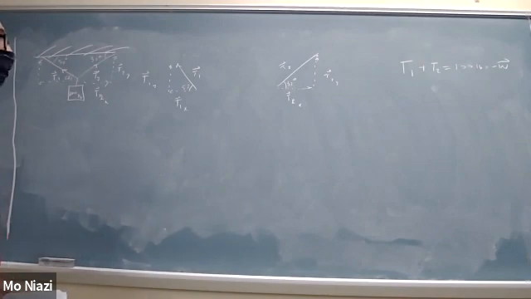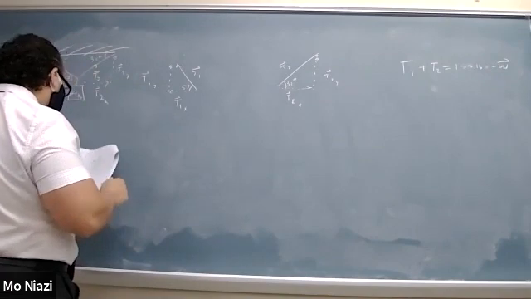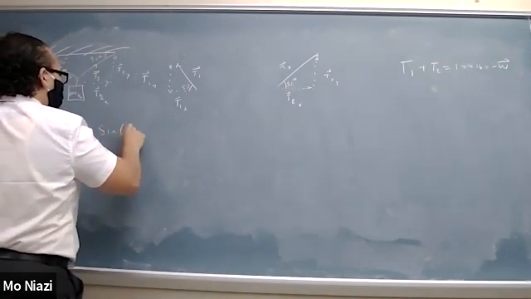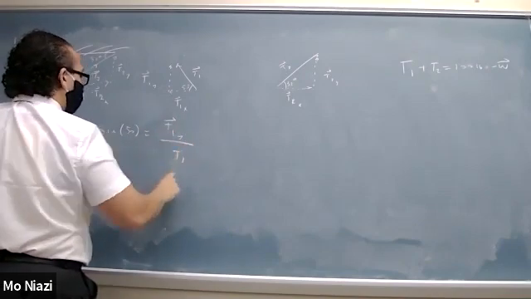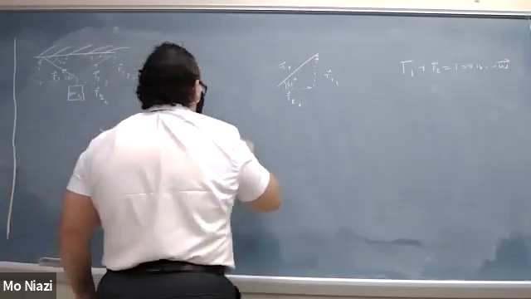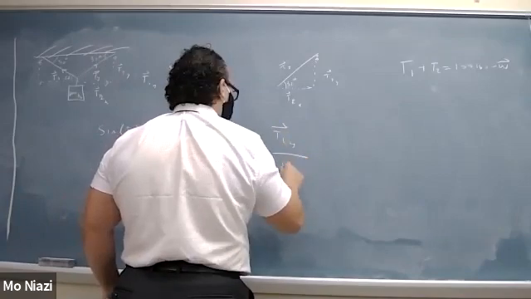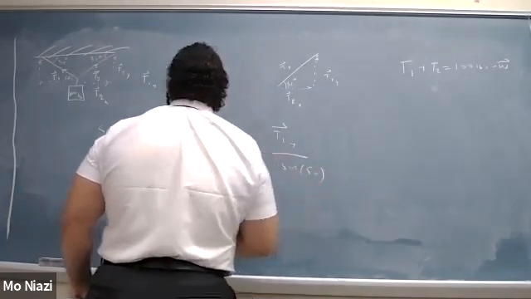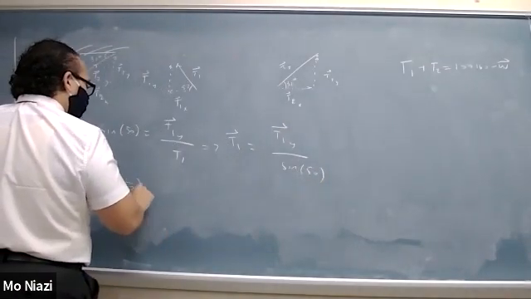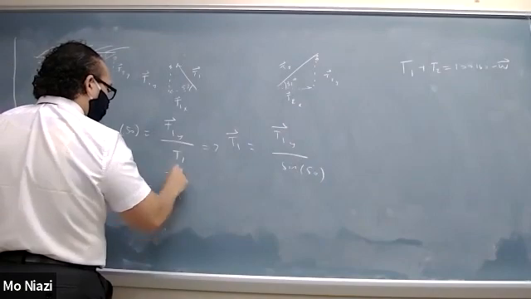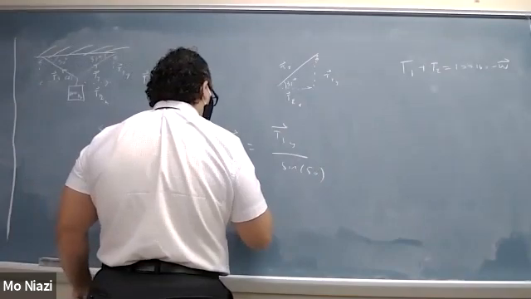But really, all you do is apply sine and cosine to 50 and 32. Sine of 50 degrees would be opposite over hypotenuse. And then you can solve for T1. And then cosine of 50 would be adjacent over hypotenuse. And again, you can solve for T1.